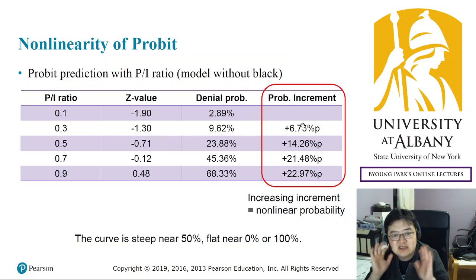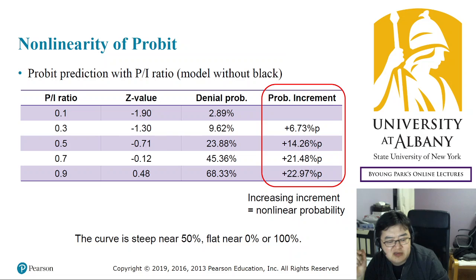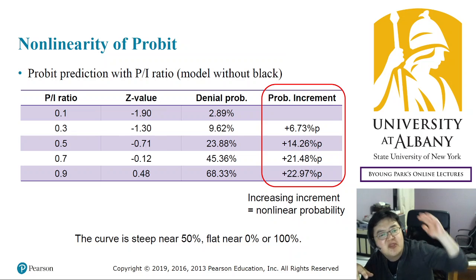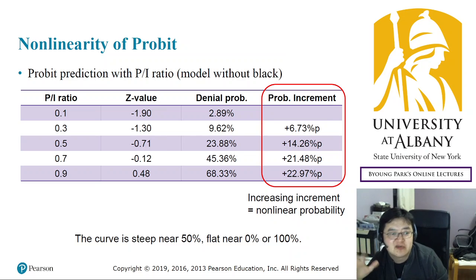So exactly this is what I said. The change in the PI ratio is the same, but as you go to the extreme, the same change causes only a small difference in the final probability. As I said before, going from 50% to 51% is not that difficult, but going from 99% to 100% will be super difficult. So that same intuition holds here.